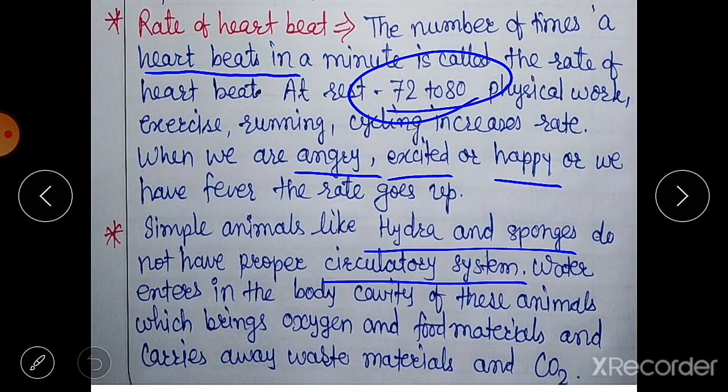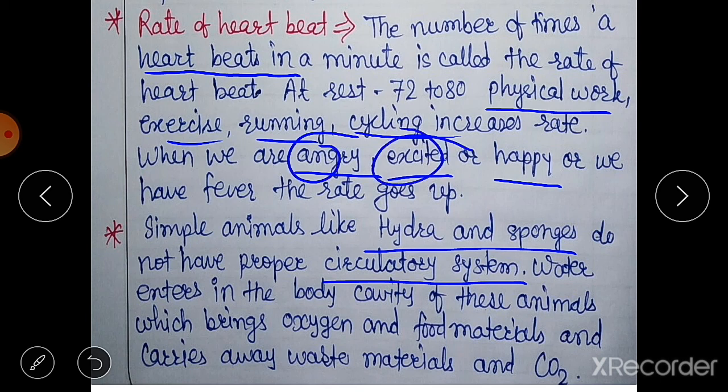But when we do any physical work, exercise, running or cycling, the rate of heartbeat increases. Also when we get angry, excited, happy, or have fever, the heartbeat rate increases.